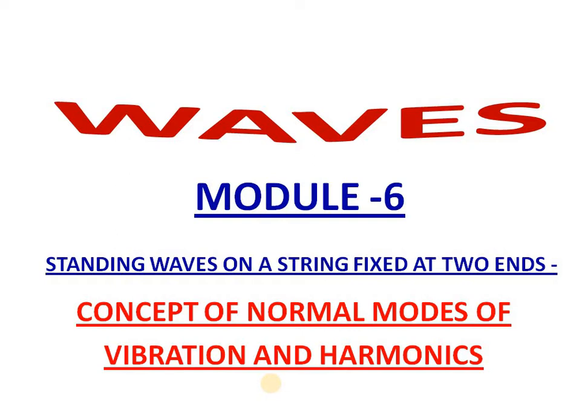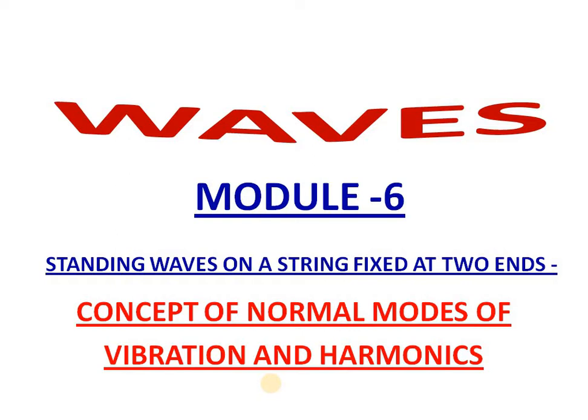So as you know, in one of the previous modules, we talked about propagation of two waves. In that case, we considered one wave propagating in the positive x direction, and the second wave propagating in the negative x direction.